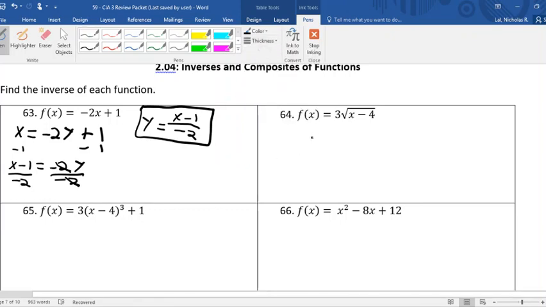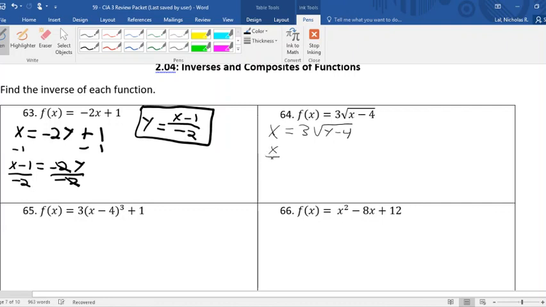For problem 64, f of x is equal to 3 times the square root of x minus 4. So x is equal to 3 times the square root of y minus 4. Okay? And then from this point, you can divide each side by 3.